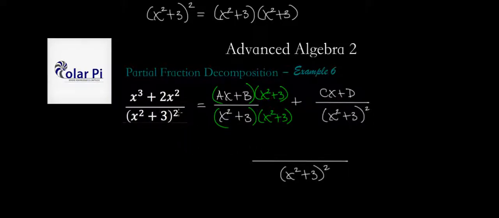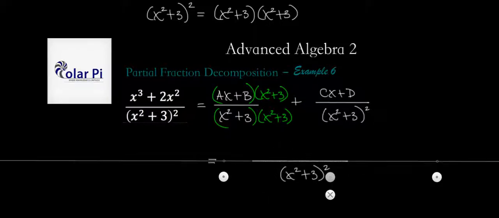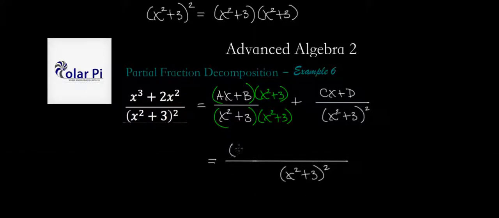Now this here, which is equal to this, is in turn going to equal this, and notice that the denominators are already equal, so what we require is that this numerator be equal to what I'm about to write here, which is ax plus b times x squared plus 3, plus cx plus d.